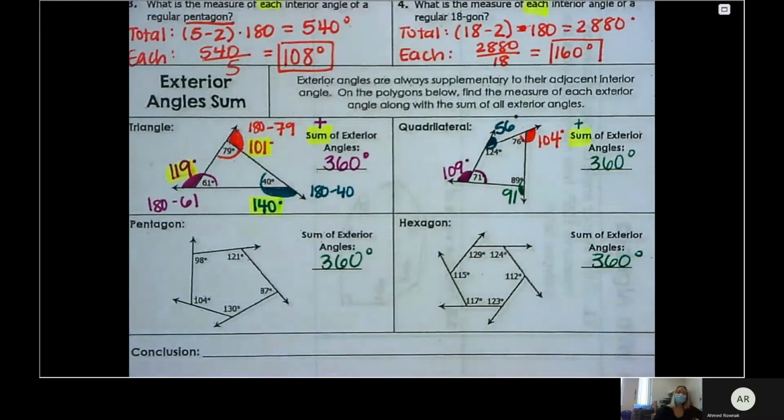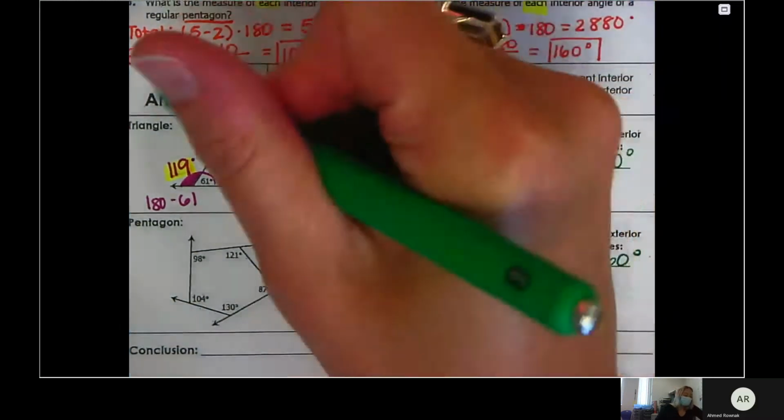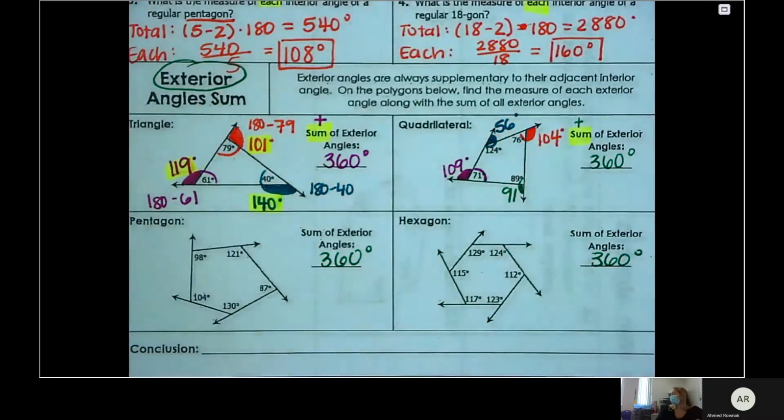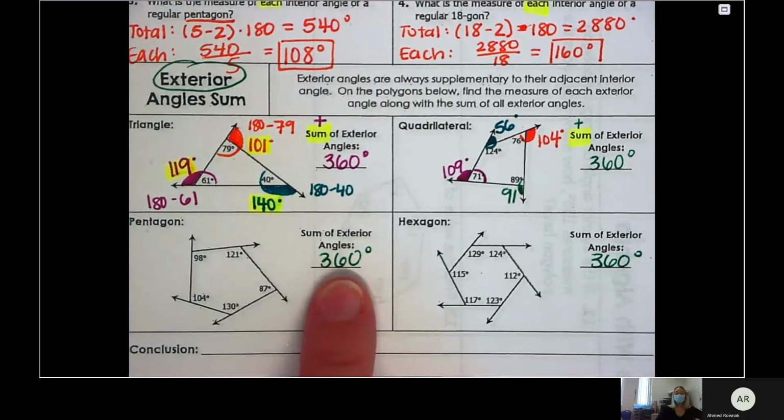So here's the interesting conclusion. When we talk about exterior angles of a polygon, it does not matter what shape it is. It could be a triangle, a quadrilateral, it can be a 35-sided figure. But if you are talking about the exterior angles, it will always be 360 degrees, no matter what.